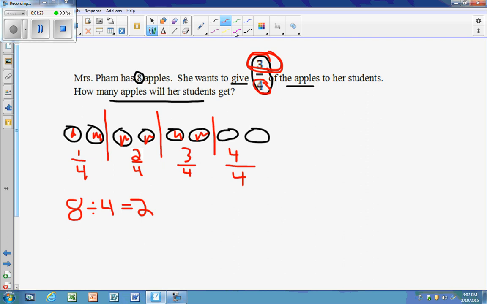And then I can count them all up. And when I count them, I see that I have 1, 2, 3, 4, 5, 6. So 3/4 of 8 equals 6. So the answer would be 6 apples.